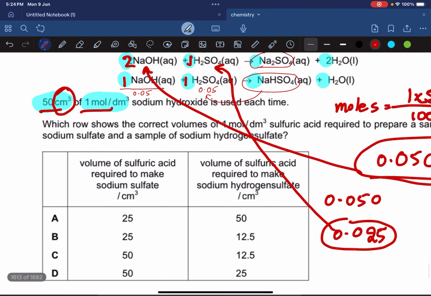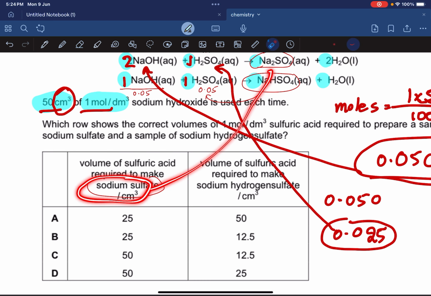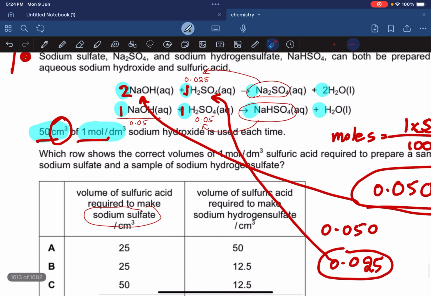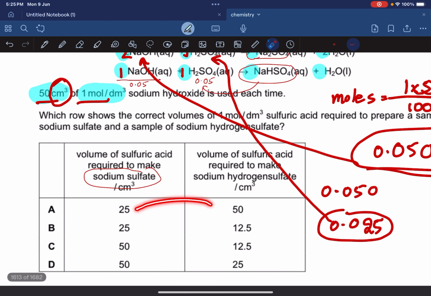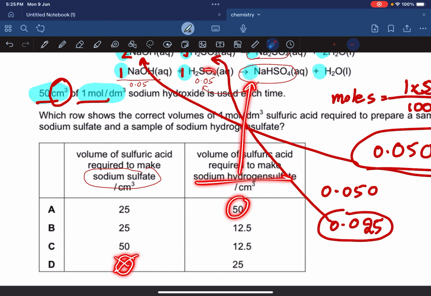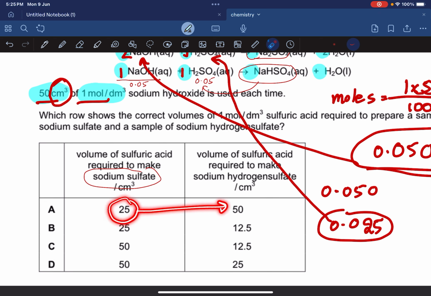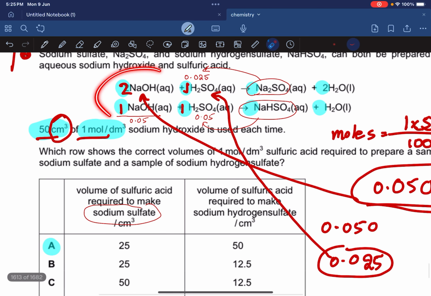So for sodium sulfate, I need half the volume of sulfuric acid, 0.025, and double of that for preparing sodium hydrogen sulfate, because it is 0.05 and the other is half. So I guess this is 25 and double of 25 is going to be 50. I know this MCQ was challenging, but you just had to understand the mole ratio concept.